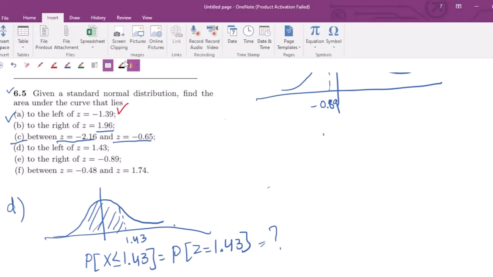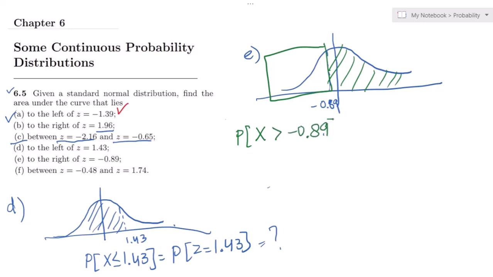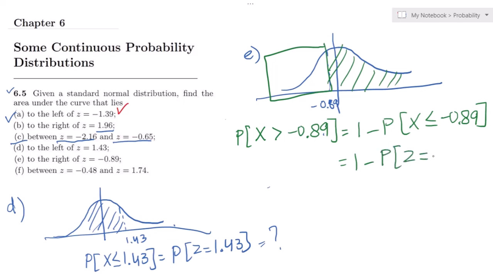This is the area to the right of it, but in the table we can find the area to the left. So the probability that z is greater than minus 0.89 is 1 minus the probability that z is less than or equal to minus 0.89. You have to do it and you will get the answer.